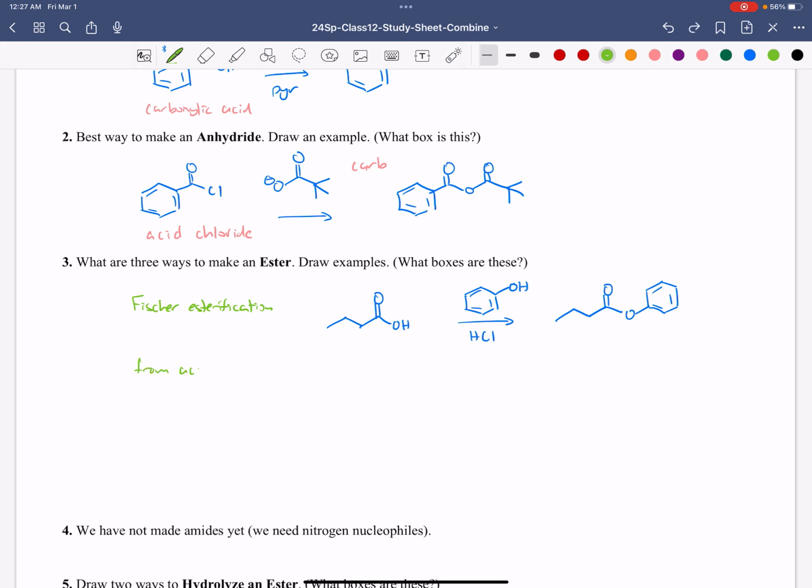Do you want to try to make the same ester? Let's do that, so we can compare and not be distracted by the differences in the R group, in the carbons. So the big difference is we start with an acid chloride, and we pair it up with the appropriate alcohol.